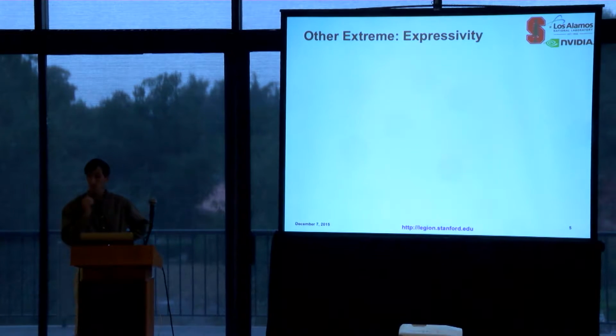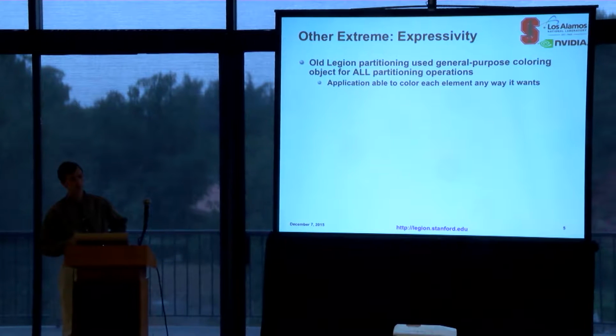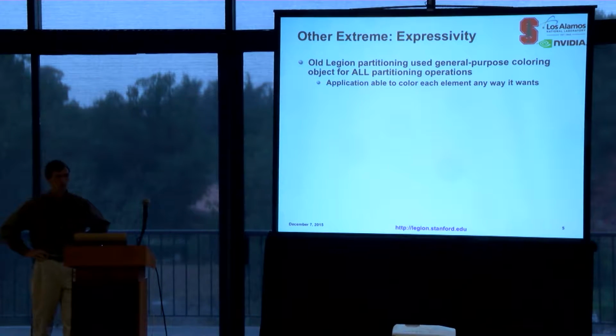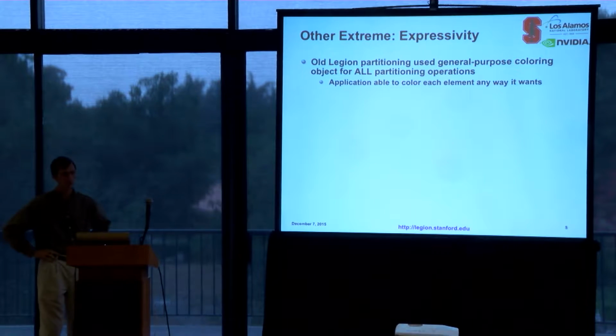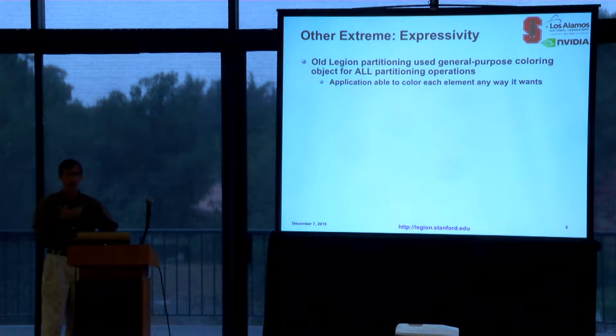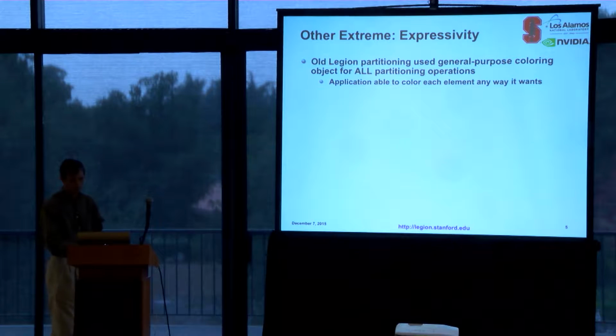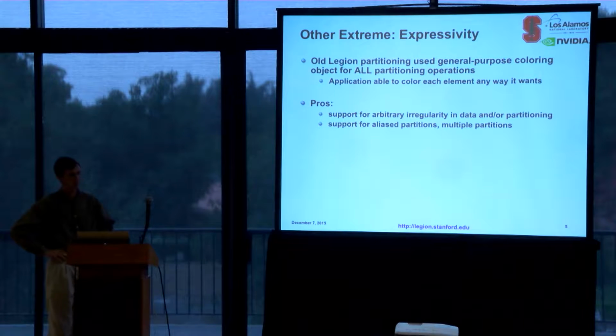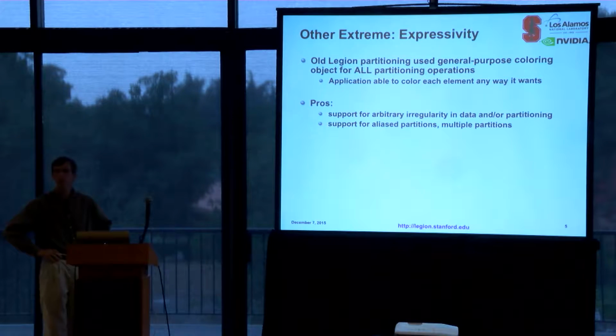In particular, Legion. With Legion, we chose to go to the other end of the spectrum. So the old Legion partitioning, as many of you are familiar, used a general purpose coloring object for basically all partitioning operations. And this was great because it meant an application could color every element any way it wanted. You had maximum expressivity. We supported arbitrary irregularity in the data and the partitioning. And we had support for aliased partitions for multiple partitions.